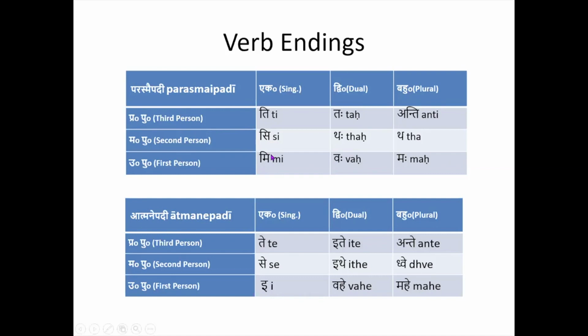So there are some verbs which are mentioned in Dhatu Kosha which take parasmaipadi endings. There are some verbs which take atmanepadi endings. So that part is mentioned in Dhatu Kosha, that which verb takes which ending. And then there are some verbs which can take both endings actually.